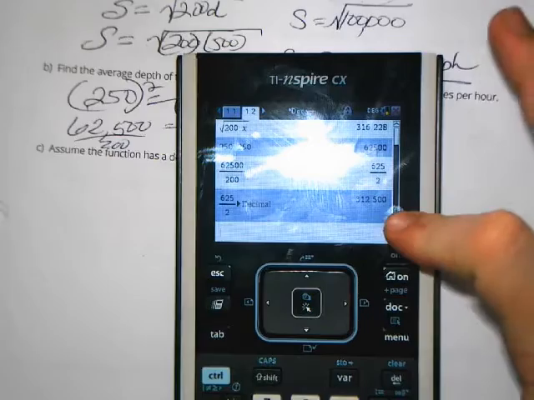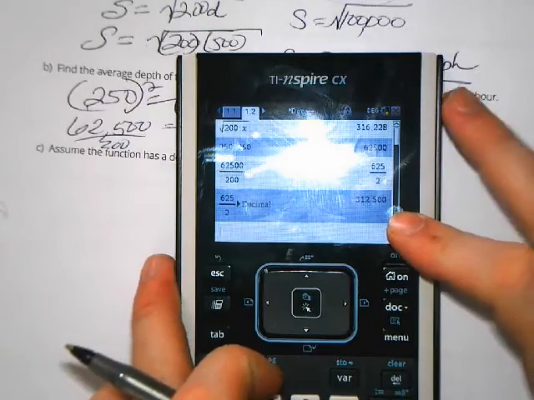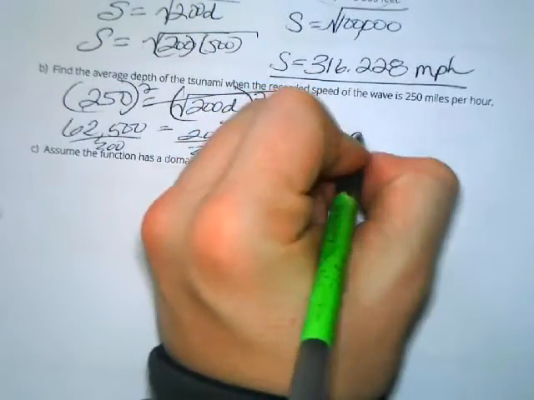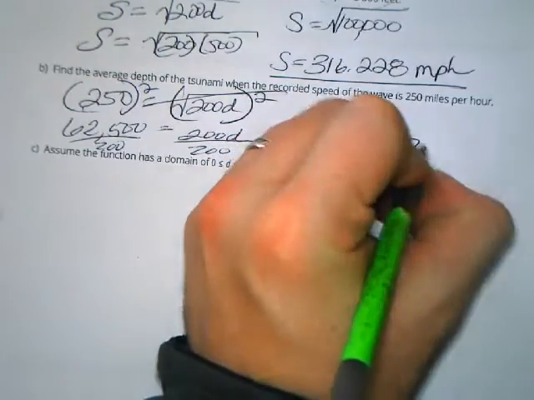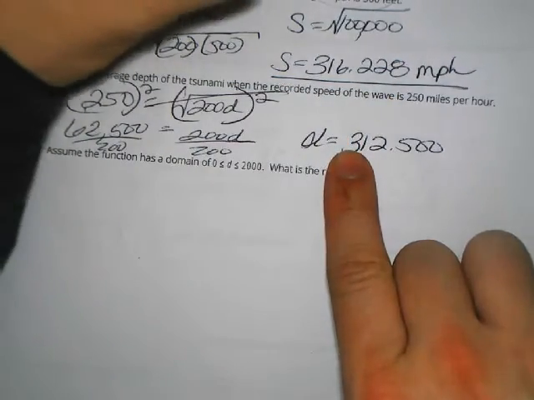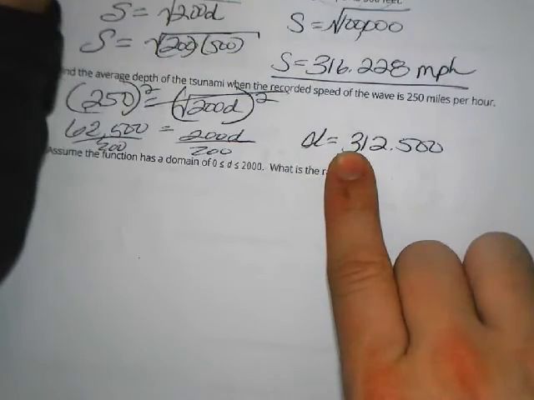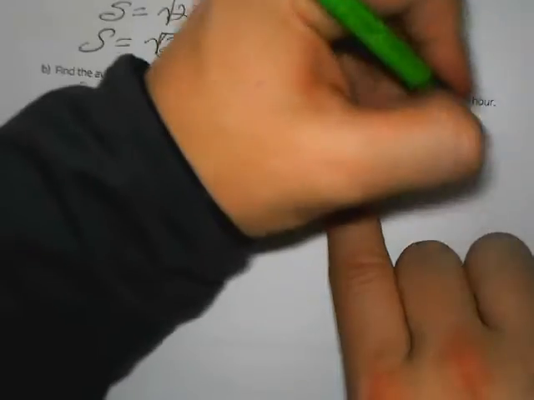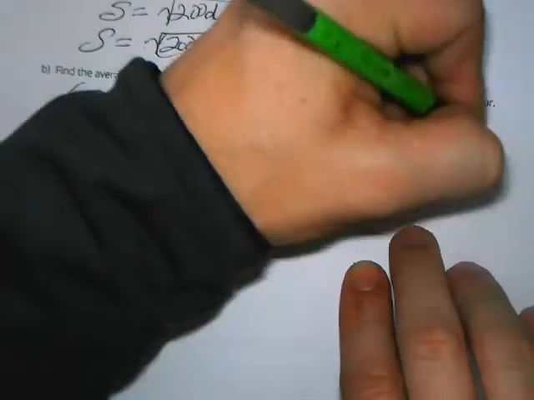And there it is, 312.500 is your depth. And that depth is measured, it says, in feet. Alright, so this is about 300 feet.